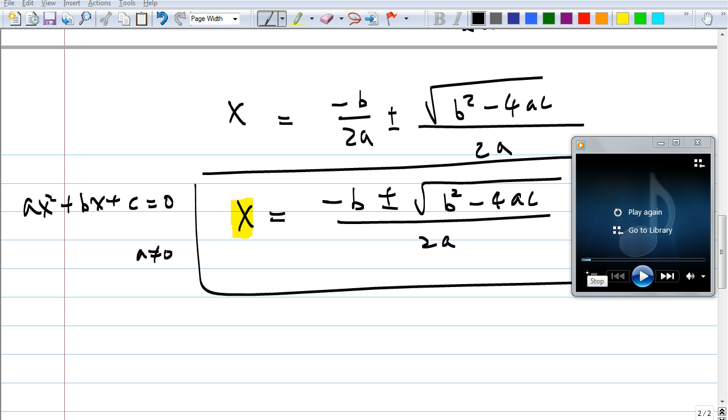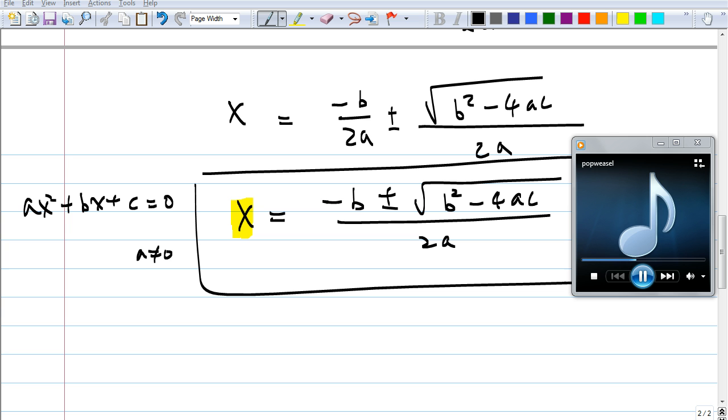Okay, so it's in the tune of Pop Goes the Weasel. So here we go. You ready? So it goes something like this. X equals what? Negative b. Equals negative b plus or minus square root of b squared minus 4ac all over 2a.